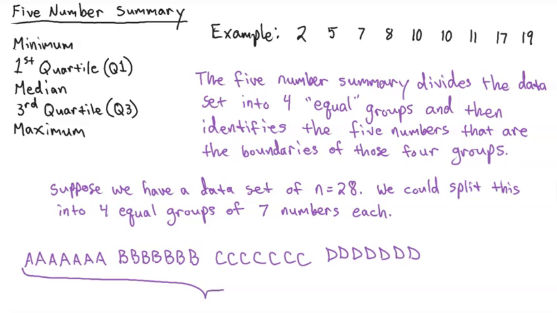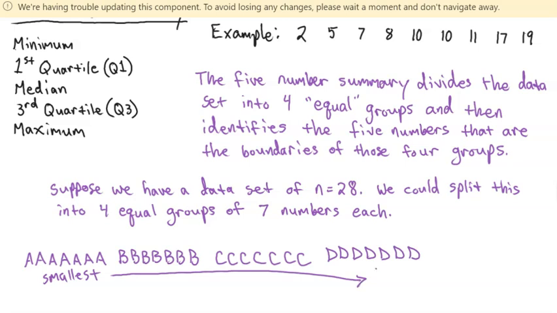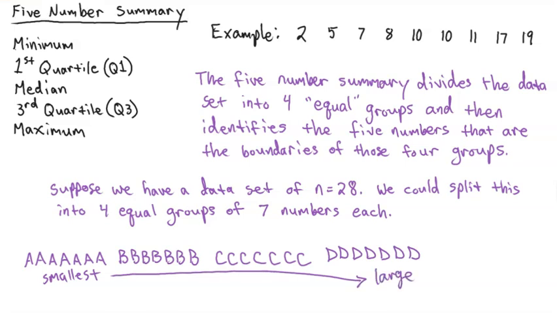Now all together, we have 28 data points. And over here, the A's, these are the smallest of all the numbers. They're organized smallest to largest. Okay, so we've organized the data set from the smallest numbers to the largest numbers.